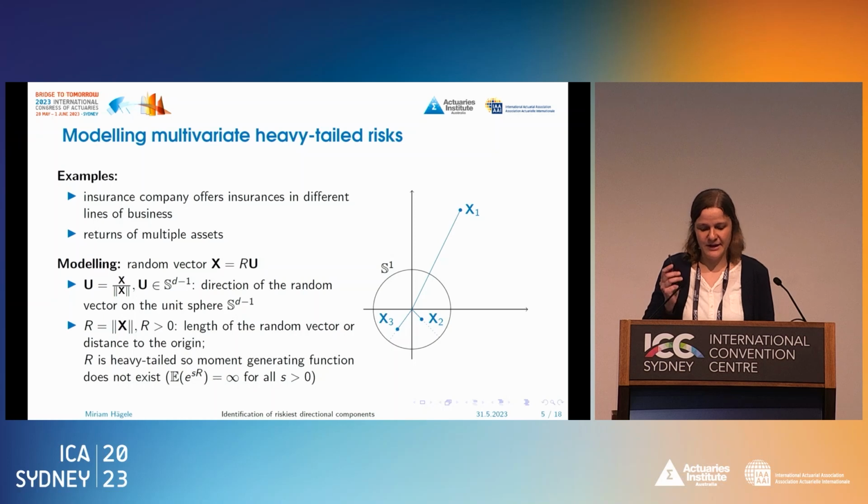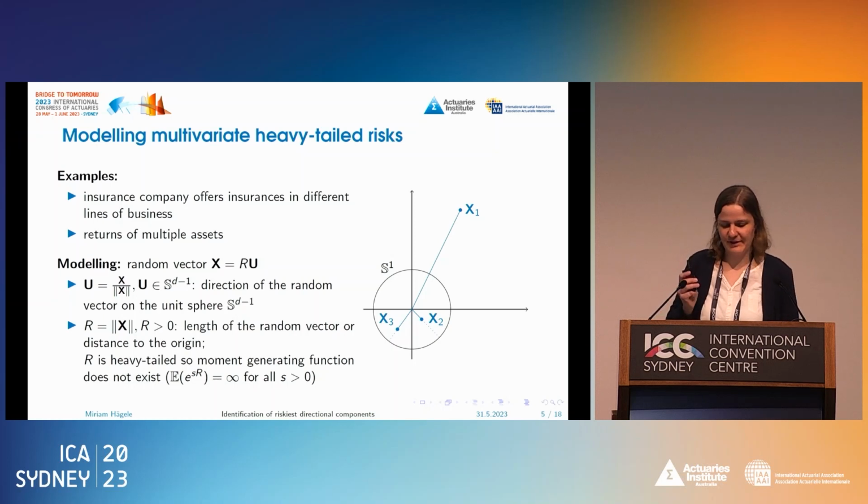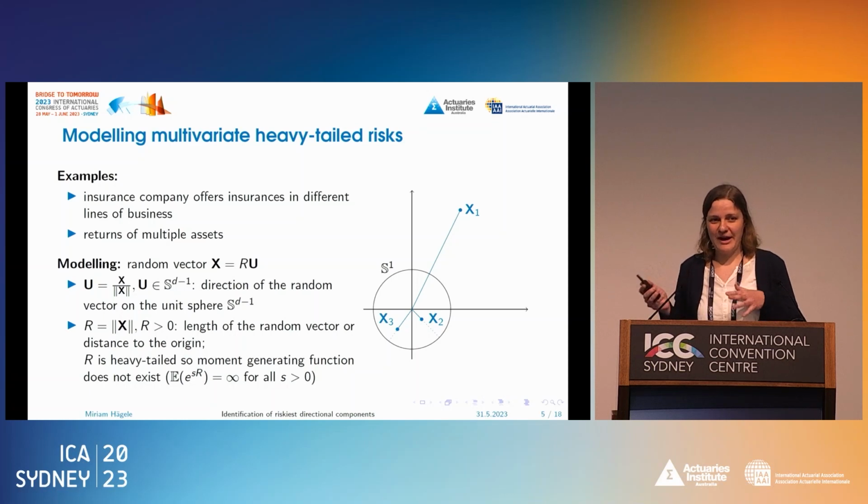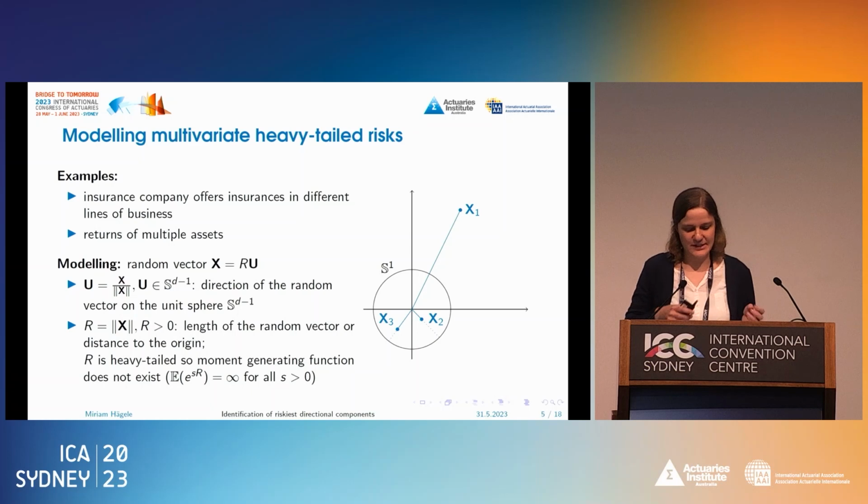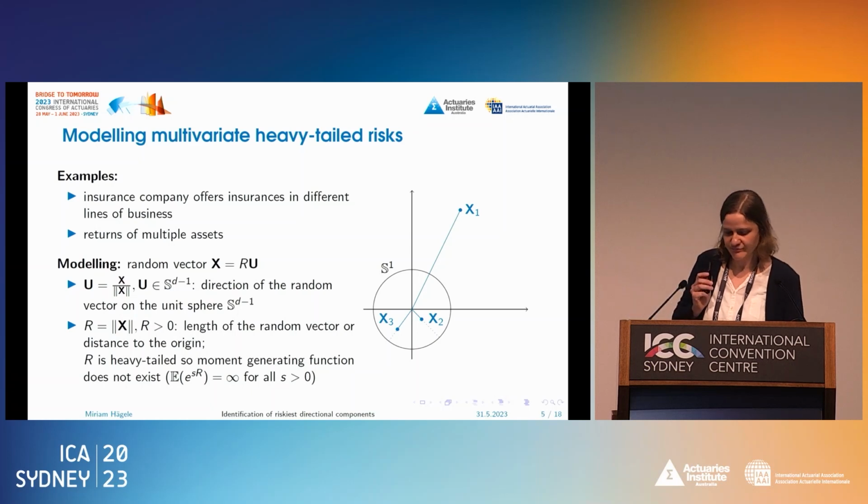That's why we are interested in these multivariate heavy-tailed risks. We are not only interested in how risky the whole thing is, but also in where these heavy tails lie. Can we somehow find a reinsurance strategy or hedging strategy to avoid these?